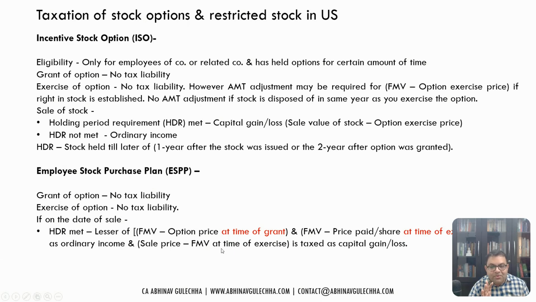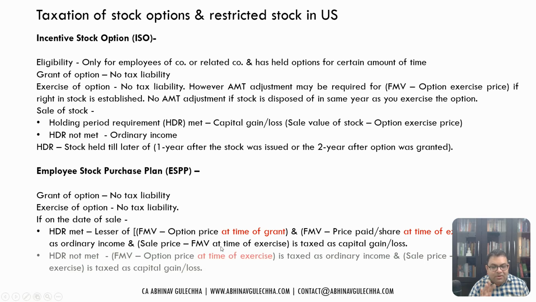So if you have met the holding period requirement, then this is the taxation system. If you have not met the holding period requirement, then FMV minus option price at the time of exercise is taxed as ordinary income, and sale price minus FMV at the time of exercise is taxed as capital gain or loss. So that is the tax treatment.